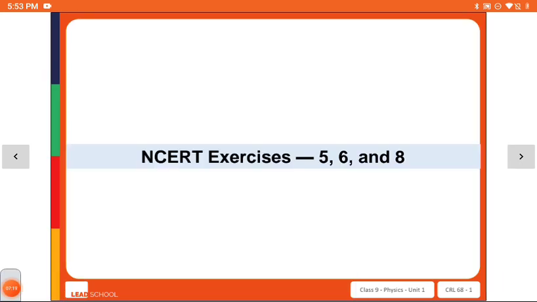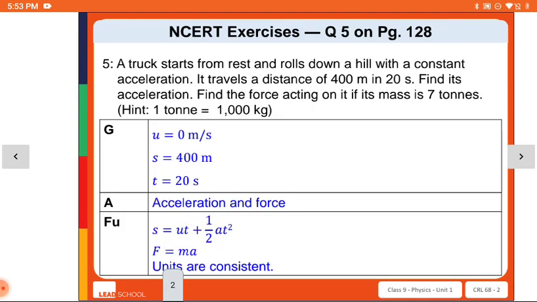Students, after that, NCERT exercise 5, 6 and 8. Question number 5 is on page number 128. First of all you have to write the question and the given. A truck starts from rest, meaning initial velocity is 0, and rolls down a hill with constant acceleration.